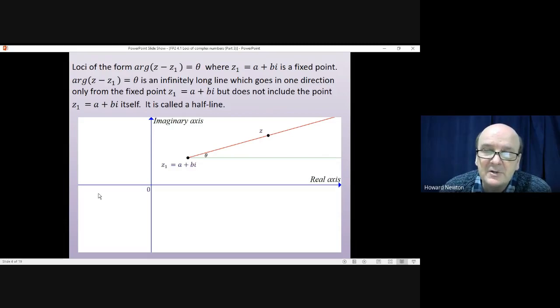And the other slightly curious thing about it is it has no start point. It doesn't include the point itself, because if you only had the point, then you wouldn't have an angle, you wouldn't have theta at all. So it stretches indefinitely far towards the right, and it stretches indefinitely far towards that point without ever quite reaching it.